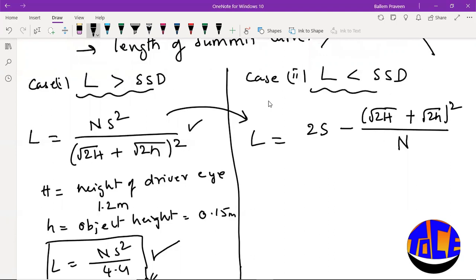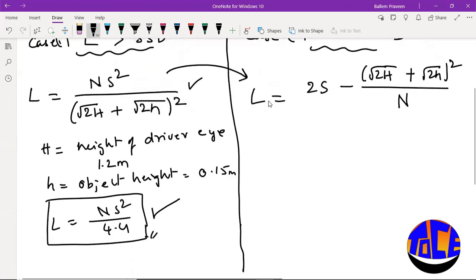So that's it. This is the formula if L is less than SSD. If you substitute the H value and small h value, L will be 2S minus 4.4 divided by N. So these are the formulas.